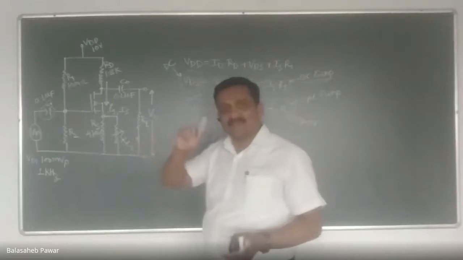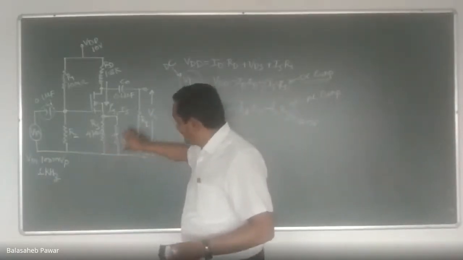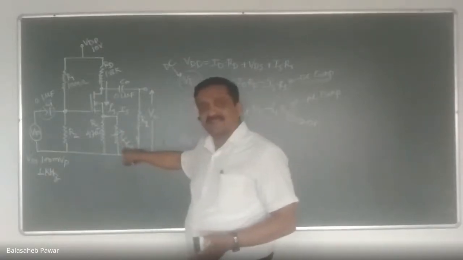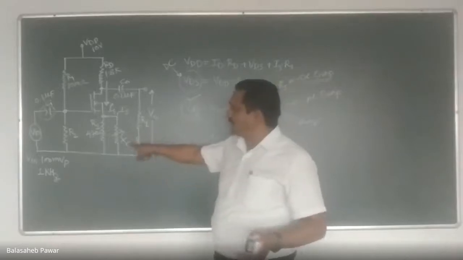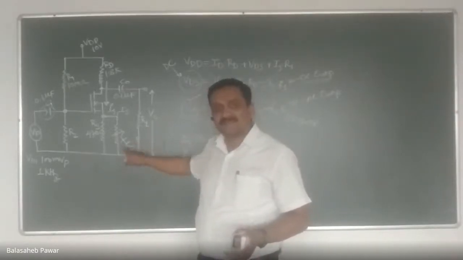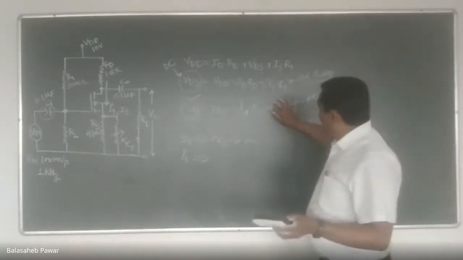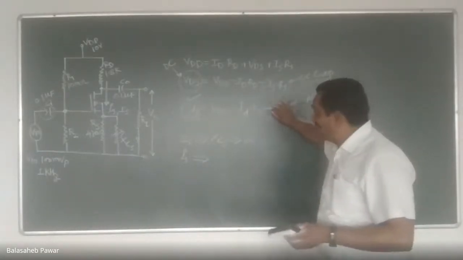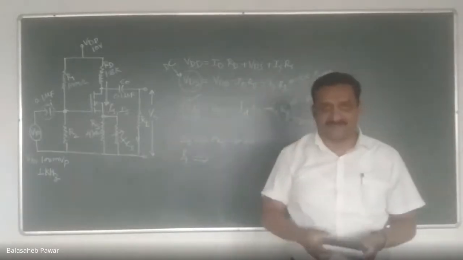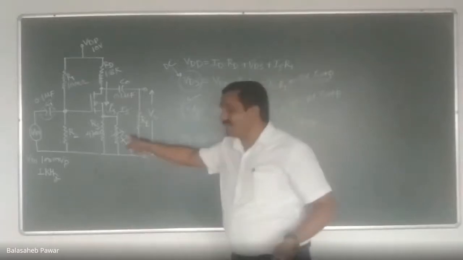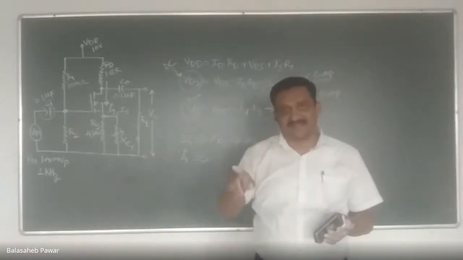So the AC current flows through the capacitor, not through Rs. As XCS is almost 0 for the AC component, the drop across it becomes almost 0. That means we reduce this AC drop, we improve VDS, and we improve the gain of the amplifier. That's why this capacitor is known as the bypass capacitor. It bypasses the AC current.